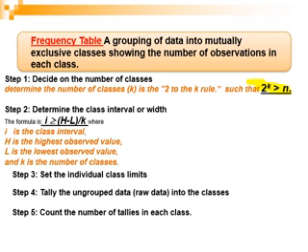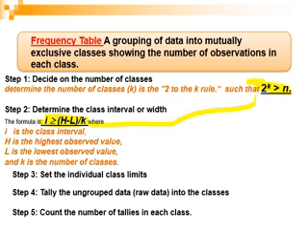The second step, determine the class interval or width. This formula, I, which is the class interval or class width, should be greater than or equal to the highest observed value minus the lowest observed value, divided by k. K, which we already got in the first step, represents the number of classes.